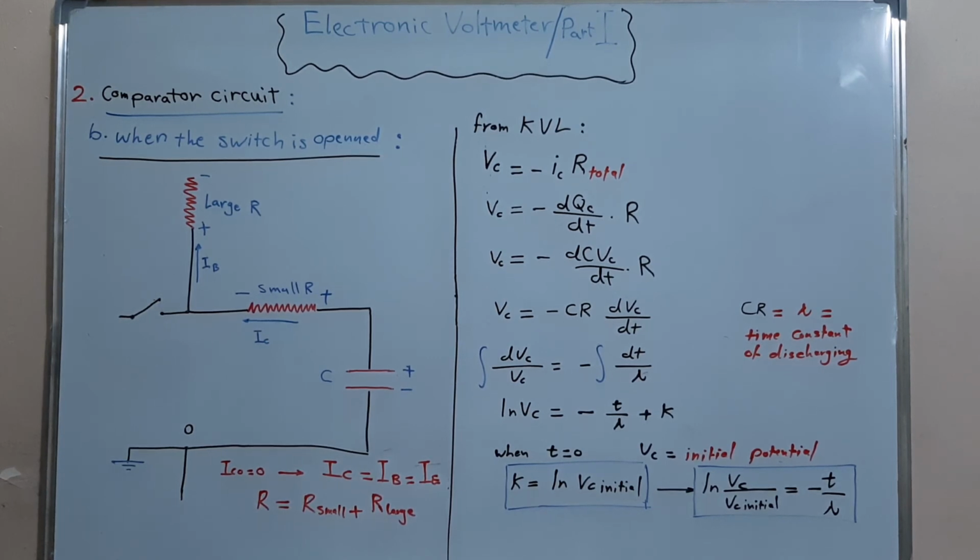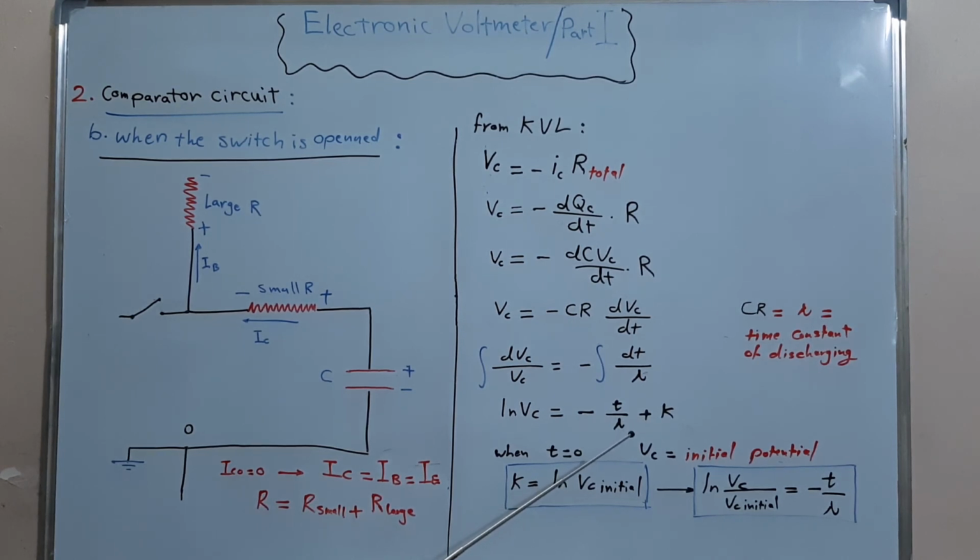By the simplification of the equation, we get dVc divided by Vc, which is equal to minus dt divided by gamma. And gamma here is equal to CR, which is the time constant of discharging. By taking the integration of the two sides, we get ln Vc, which is equal to minus t divided by gamma plus K. And K is the constant of integration.